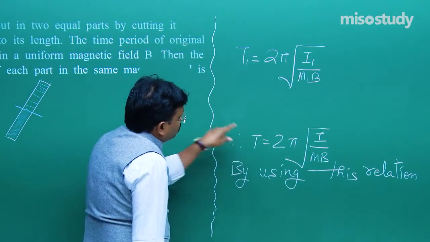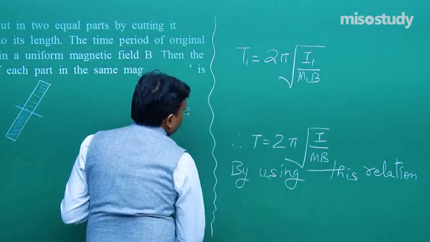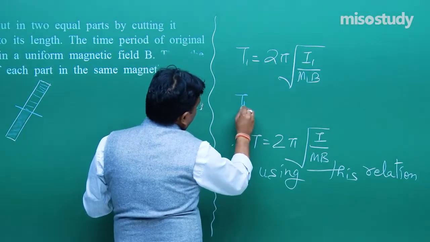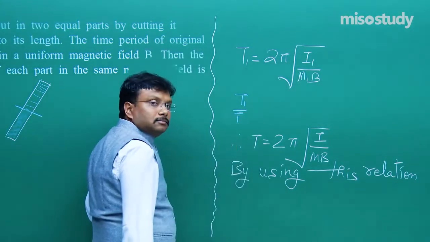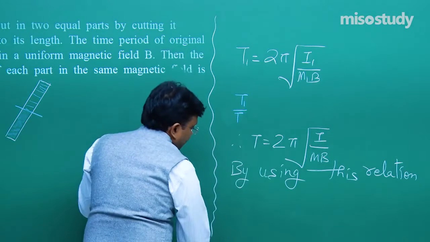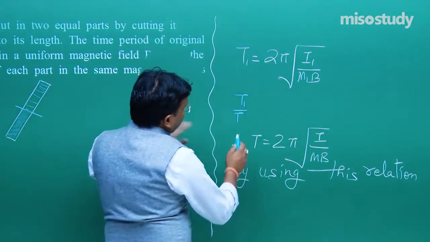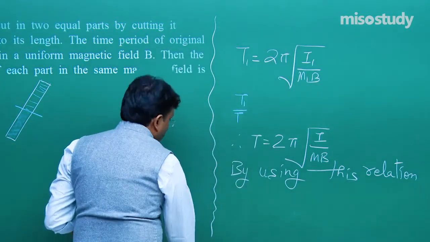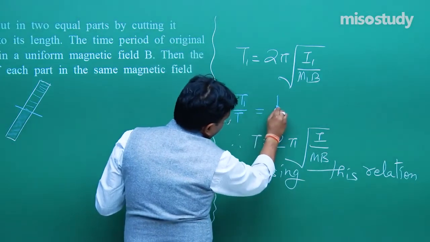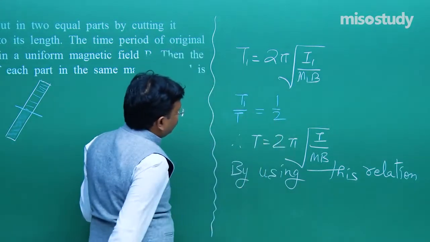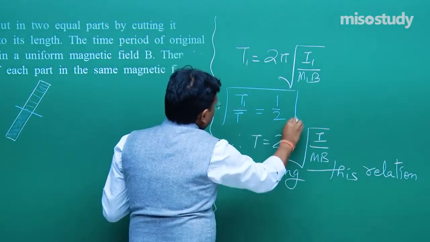Now what you are supposed to do? The only thing you have to do is T1 by T. Now T1 by T, after putting the values and solving, I am saying it is 1 by 2. Fine.